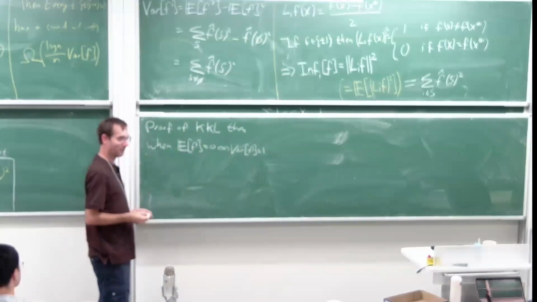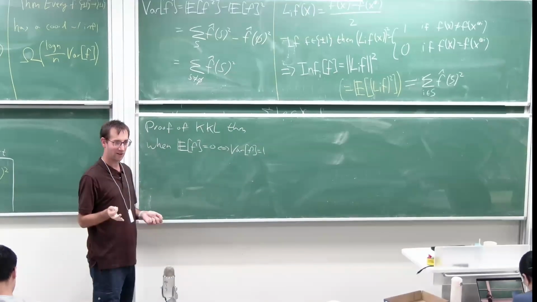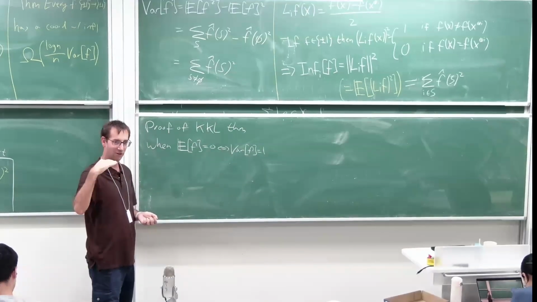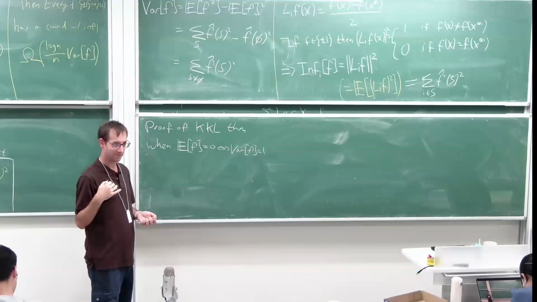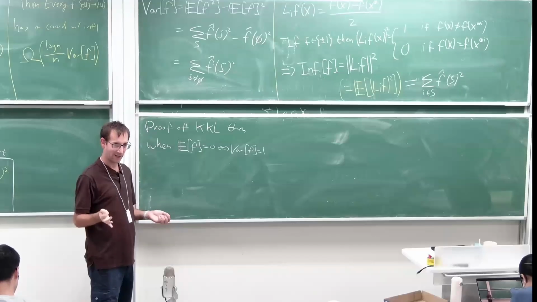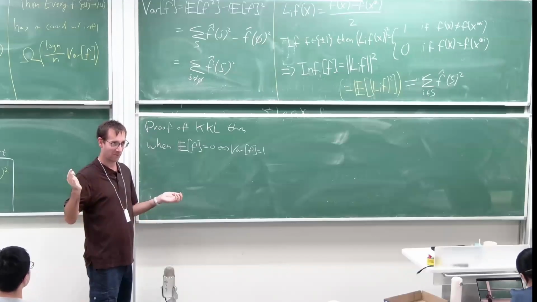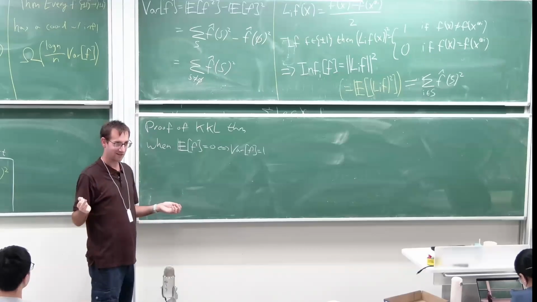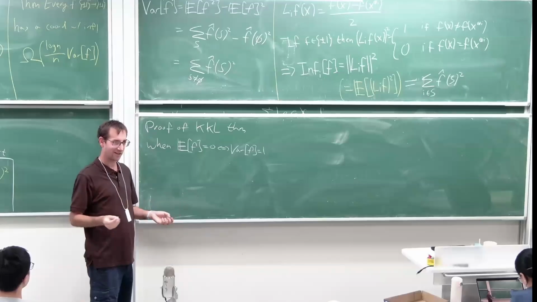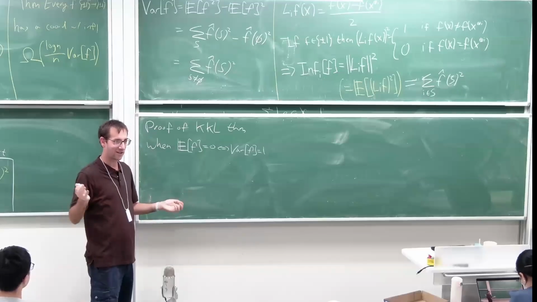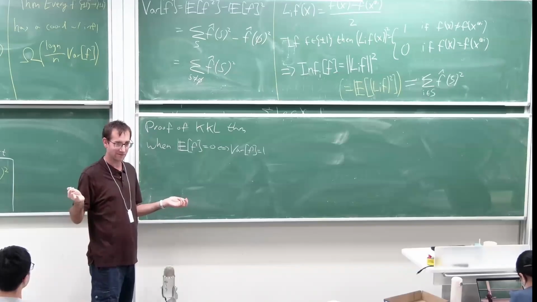Okay, so we want to show that one of the variables has influence omega of log n over n. And we consider two cases. One case is when the total influence is large, like log n over a million. If the total influence is large, then the average coordinate has influence log n over n.